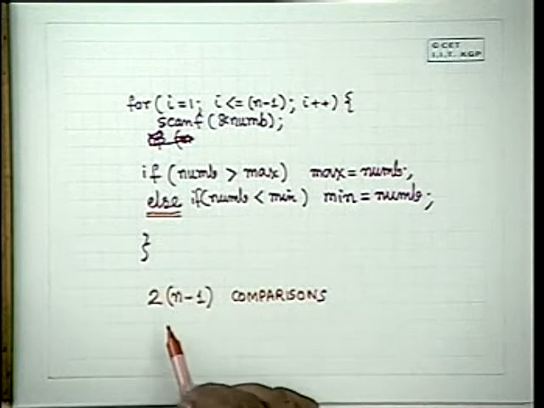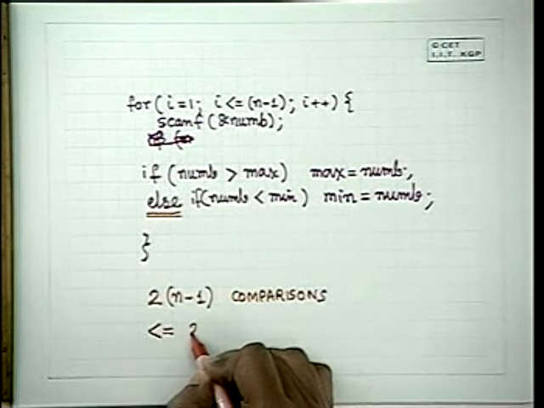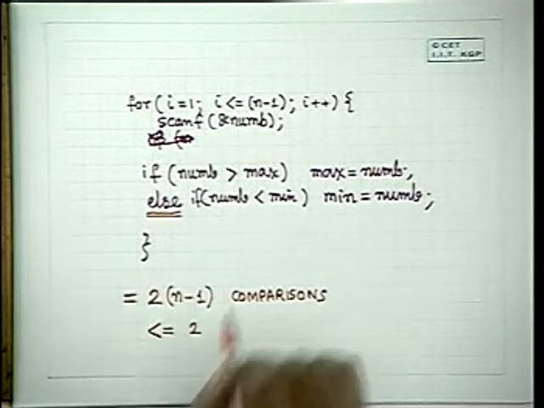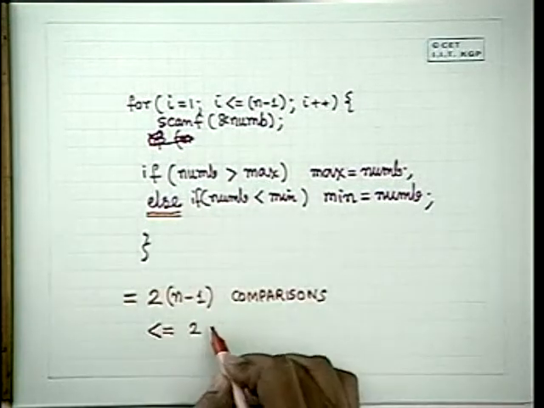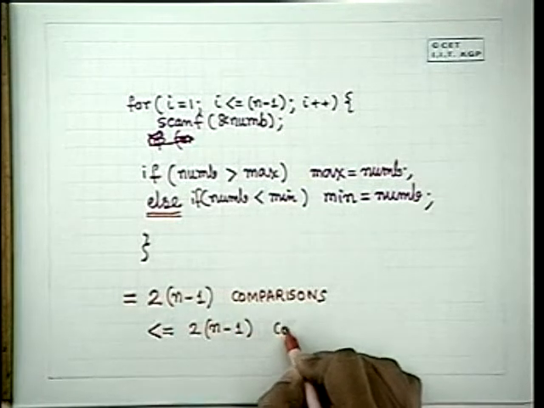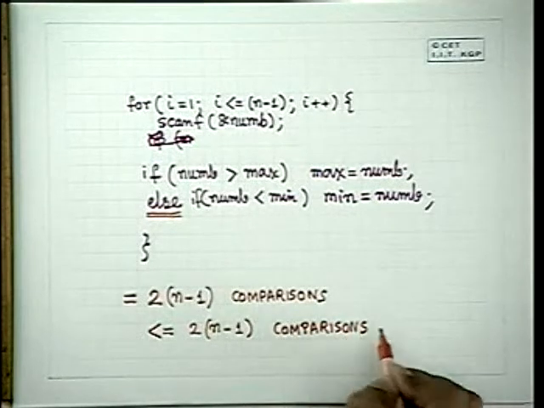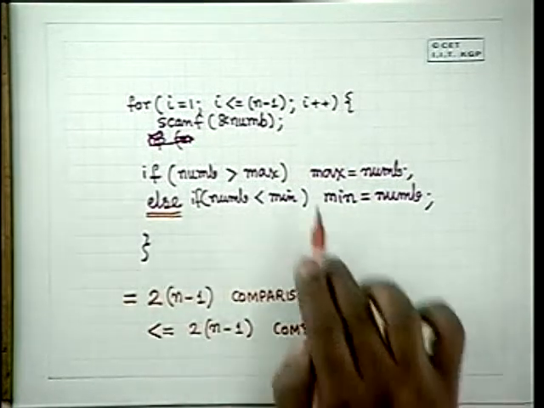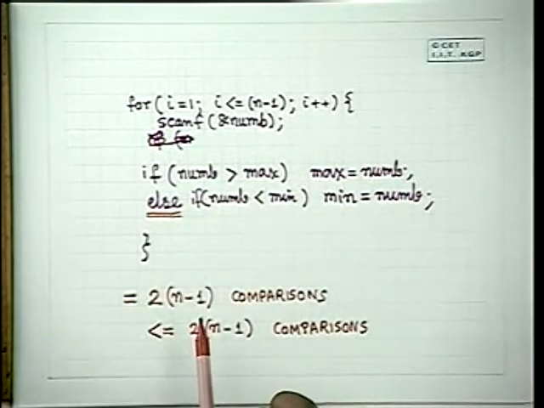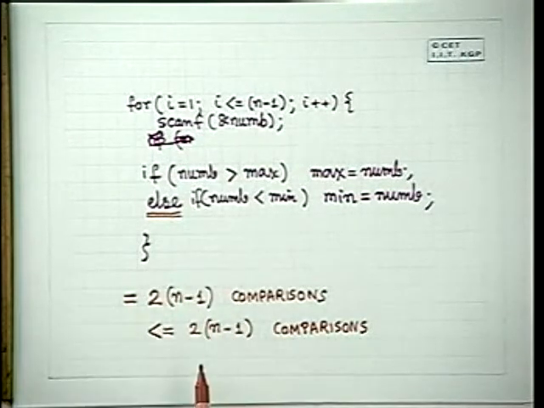Therefore, the previous program made exactly 2 into n minus 1 comparisons and only one assignment. In the other situation, we made less than or equal to 2 into n minus 1 comparisons and one assignment. All other things remaining the same, this matter dictated the difference between the two programs. Therefore, this program with the else was considered better.